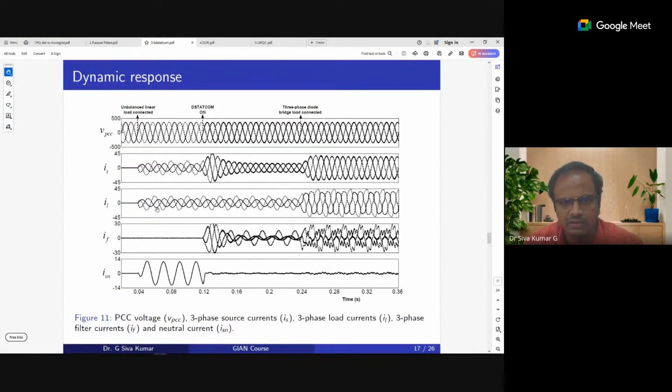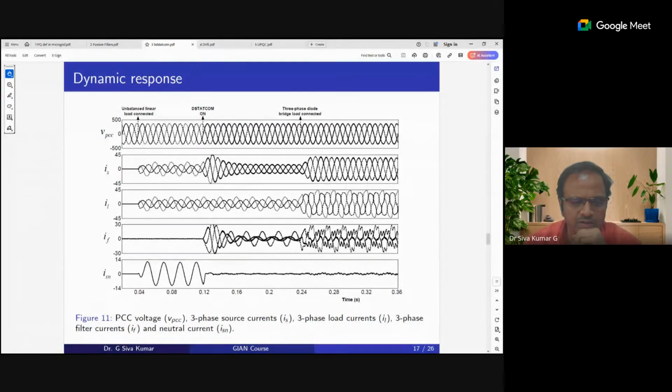In this case we have considered only the linear load, maybe 0.12 to 0.24 operation, or up to the discharge operation, we considered only the balanced load. I don't know what kind of case studies you are expecting. Okay, fine, thank you. Any other questions?